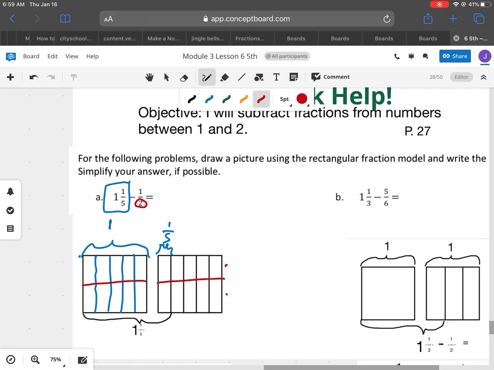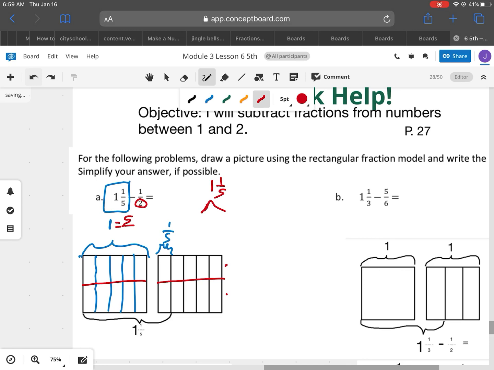So now we have our 1 1/5, and what we're going to see is that for the whole here, we have 5 tenths. 5 fifths. I mean 10 tenths.